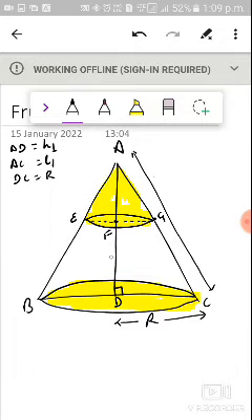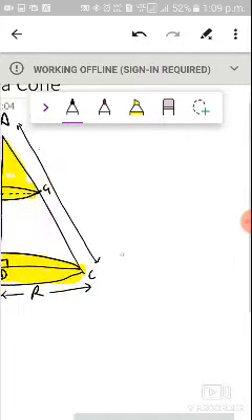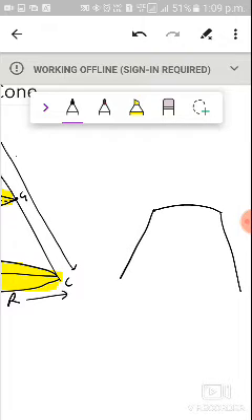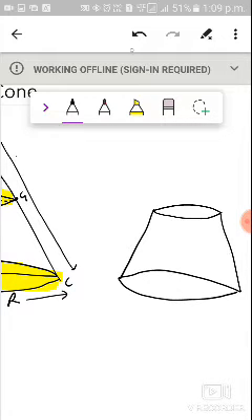If we remove the upper part, that is AEG, from this full cone ABC, the remaining part will be called the frustum of the cone. So it will look like this. This is the top part and this is the bottom part.